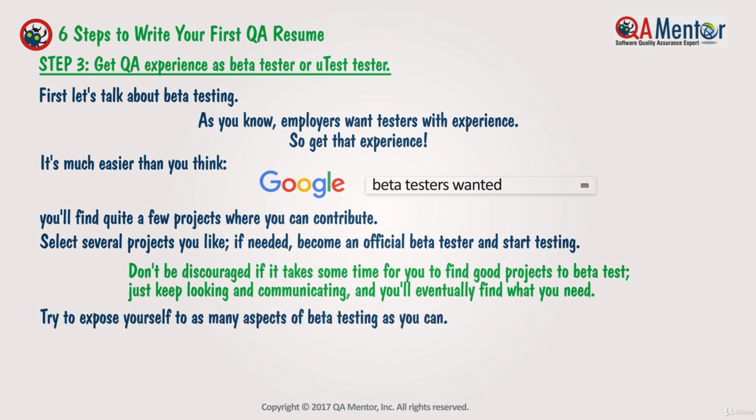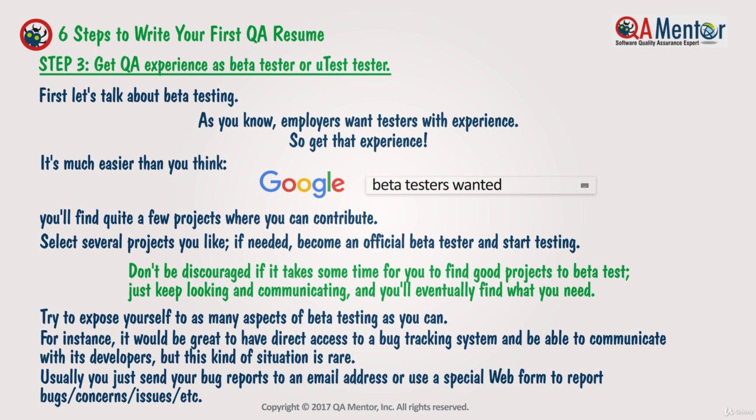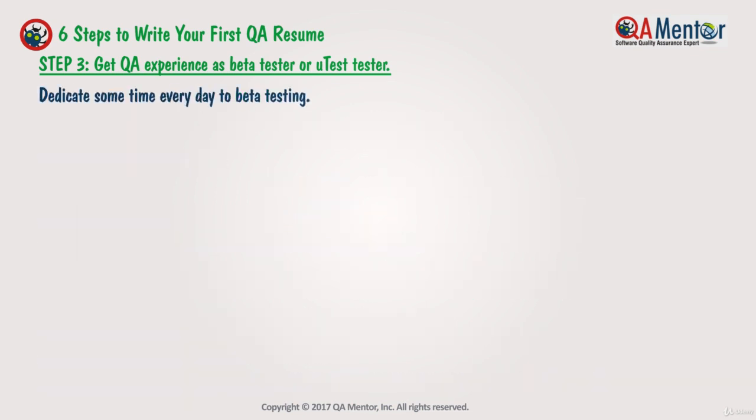Try to expose yourself to as many aspects of beta testing as you can. For instance, it would be great to have direct access to a bug tracking system and be able to communicate with its developers, but this kind of situation is rare. Usually, you just send your bug reports to an email address or use a special web form to report bugs, concerns, issues, etc. Dedicate some time every day to beta testing.